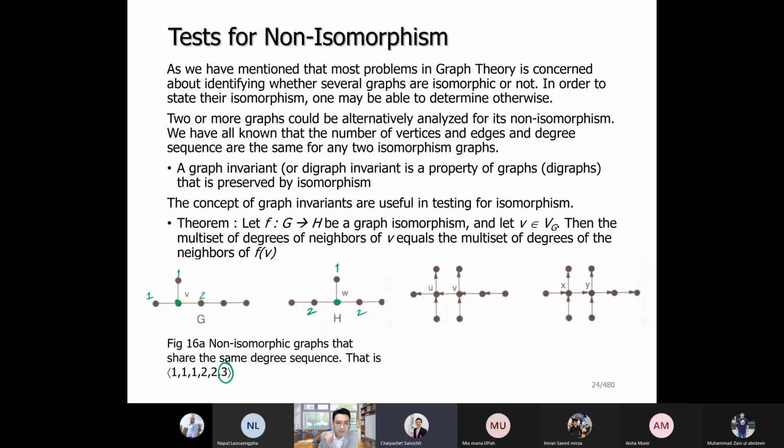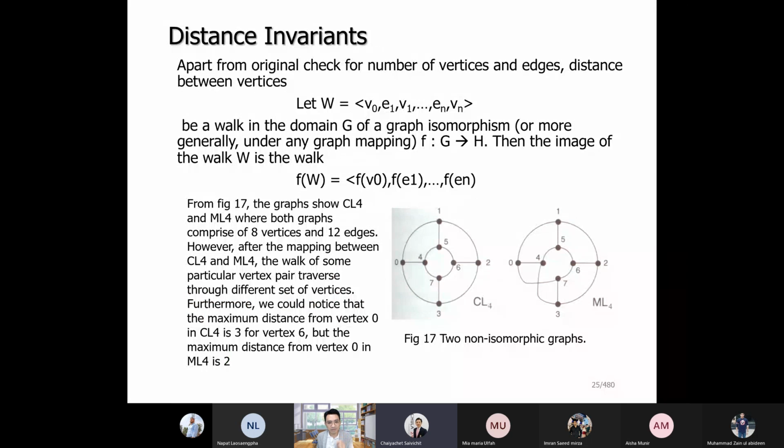Are you okay with this? Apart from the degree of neighbors, we can talk about distance invariance as well.